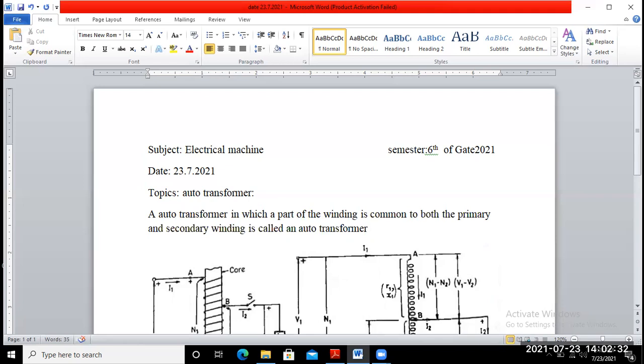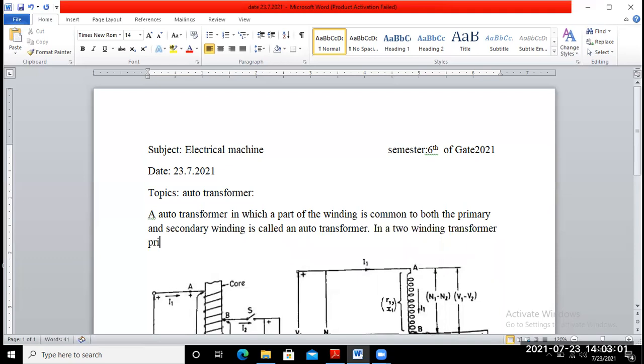So we can write here: in a two-winding transformer, the primary and secondary windings are electrically isolated.